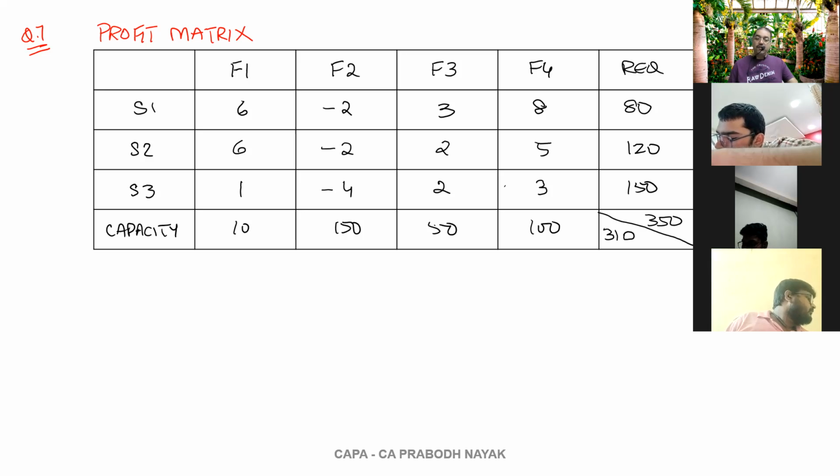Okay, because I have got less factories over here, as the total capacity is only 310. So I'll have to add one more capacity, which means one more factory. So I'll have to add one more column, F5.